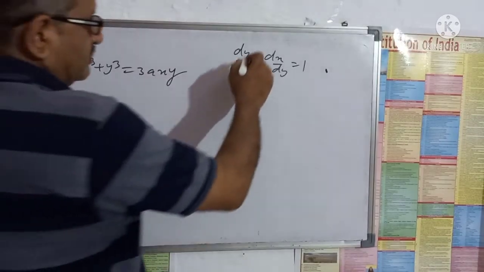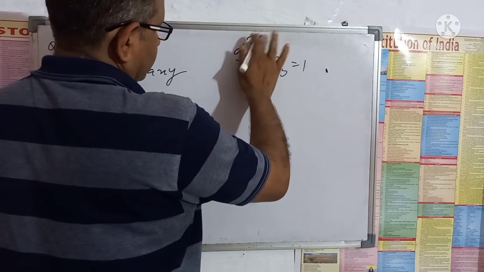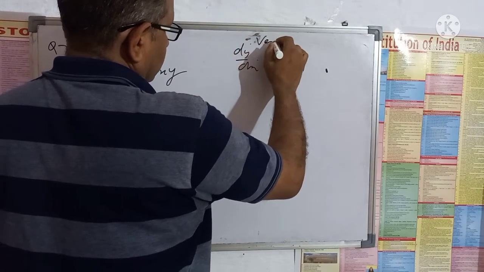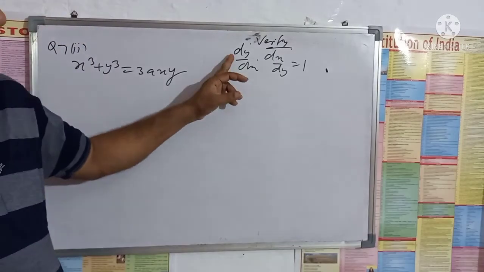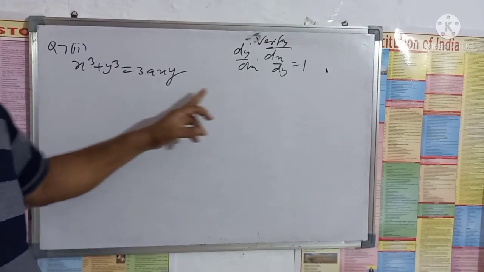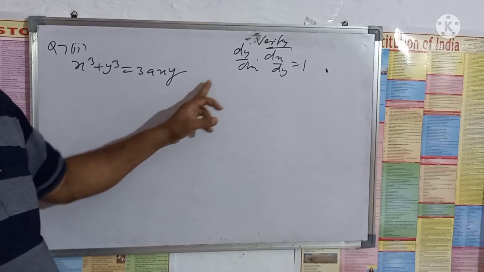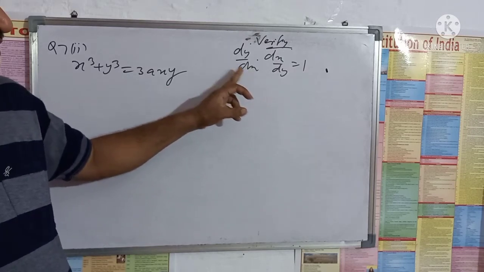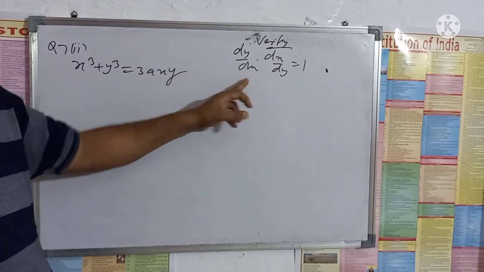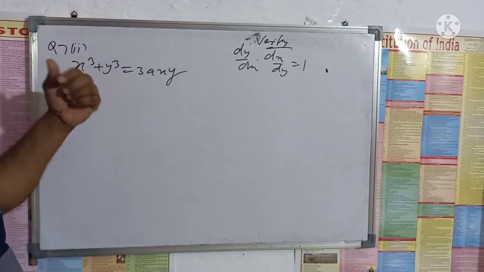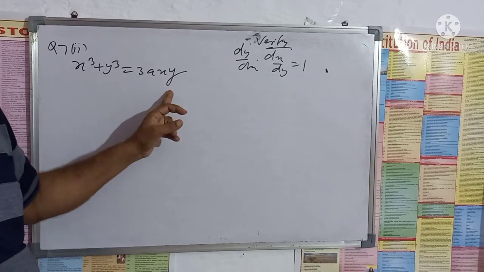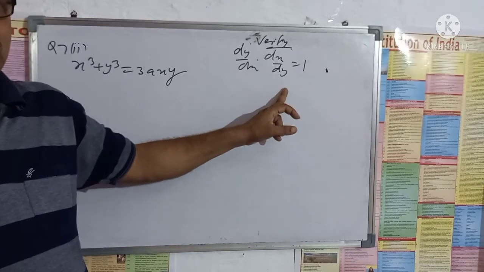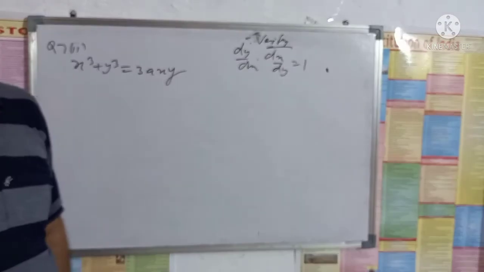How can we find dy by dx? Differentiating this equation with respect to x, we can get dy by dx. How can we get dx by dy? Again we will differentiate this equation with respect to y. So we can get dx by dy.